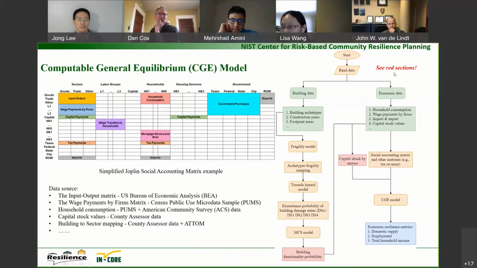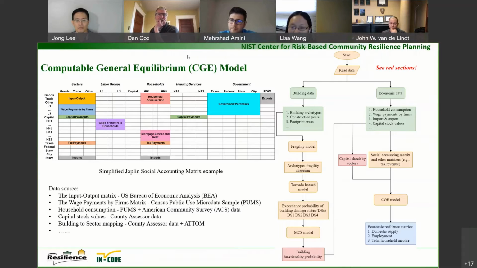Maybe not all of the audience today are from a civil engineering related major, so I will still briefly introduce our framework to integrate our physical model and economic model. First, we have the building data and economic data. For building data, we have building archetypes, construction year, footprint area, etc. We can use the building archetype information and fragility model to assign the fragility to each building.